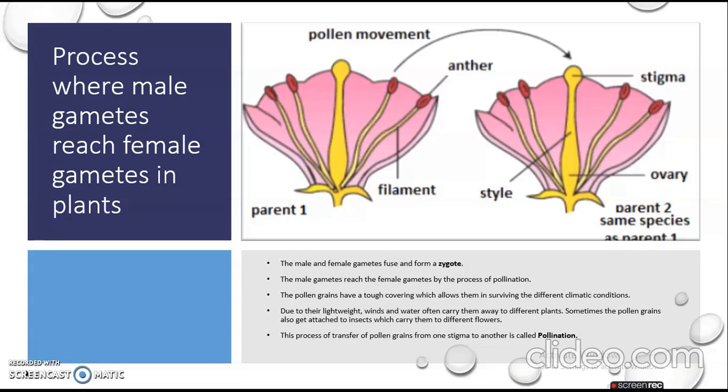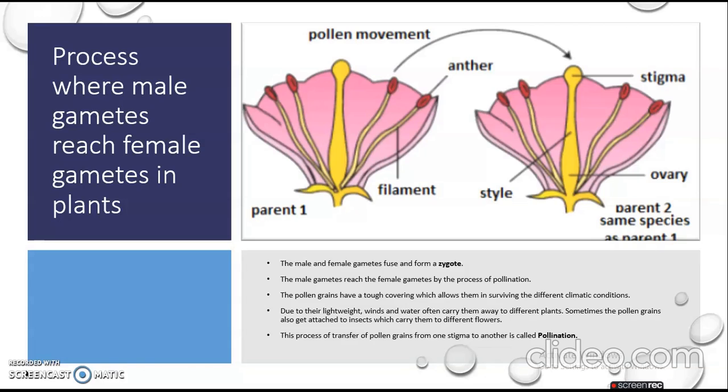As I said, the spores have a hard protective cover. Even the pollen grains have a tough covering, which allows them to survive different climatic conditions. As they are light in weight, they are carried off by winds and water to different plants.